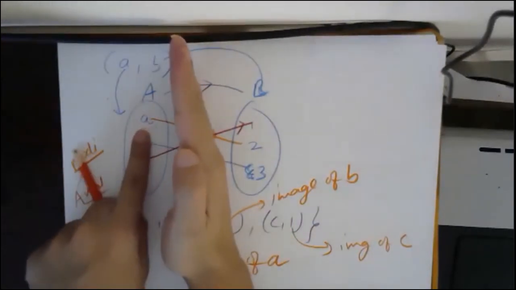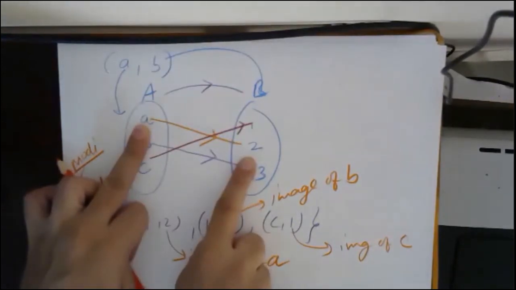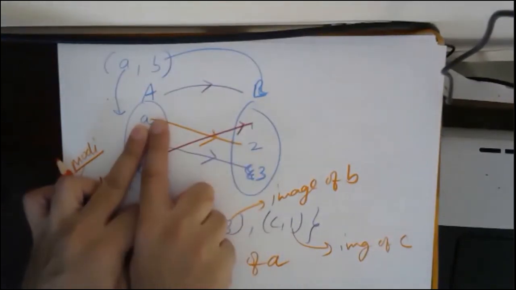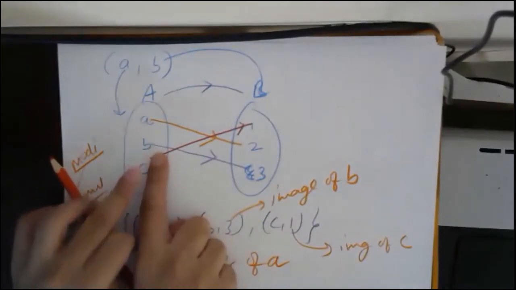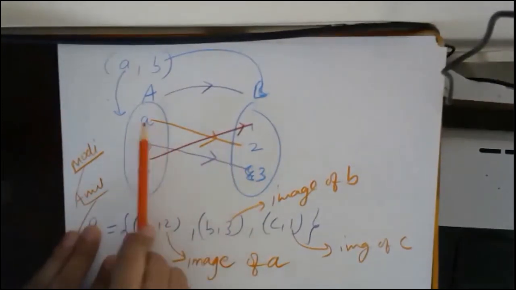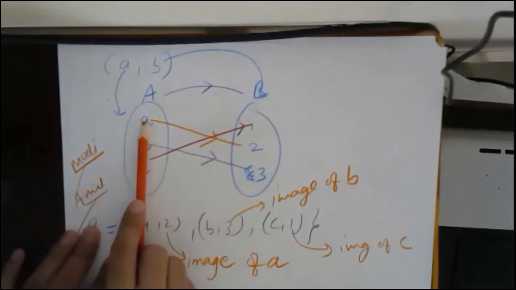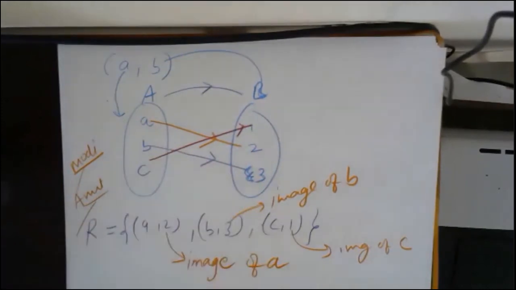So 2 is the image of A, 1 is the image of C, and 3 is the image of B. Wherever it is linked, that will be the image. So A's image is 2, B's image is 3, C's image is 1.